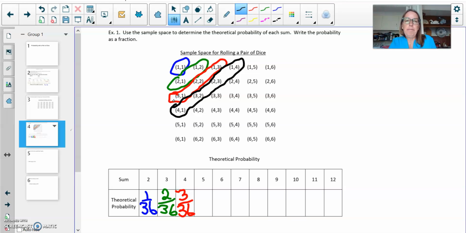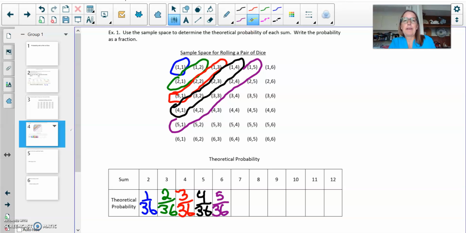We get (4, 1), (3, 2), (2, 3), (1, 4). So that probability is 4/36. A sum of 6 happens 5 ways: (5, 1), (4, 2), (3, 3), (2, 4), (1, 5). So that probability is 5/36.